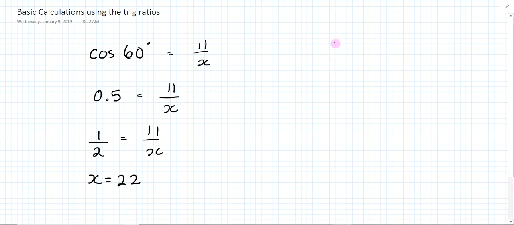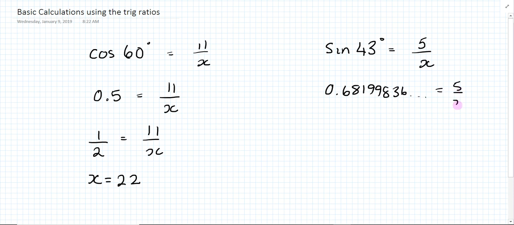So for instance, if I said to you sine of 43 degrees is 5 over x, could we apply the same method to this? So what is sine of 43? 0.6819983 and so on equals 5 over x.